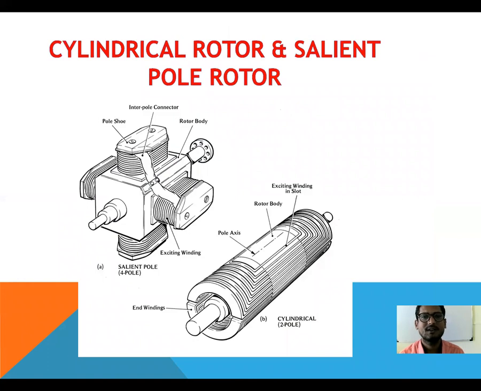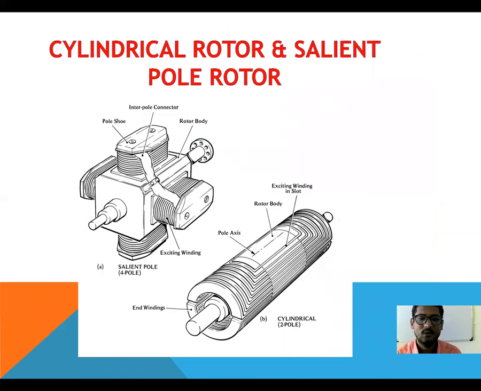This is also a cylindrical type of rotor. The cylindrical rotor and the salient pole rotor, both diagrams are shown in one single window. In the case of a cylindrical type of rotor, exciting windings are placed in the slots and outside the poles. The whole body of the rotor is like a cylinder.